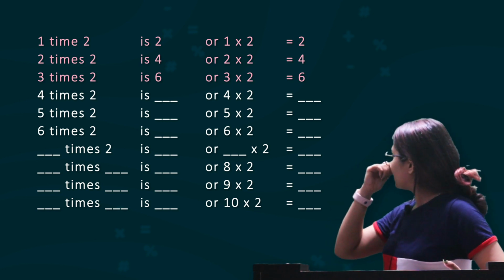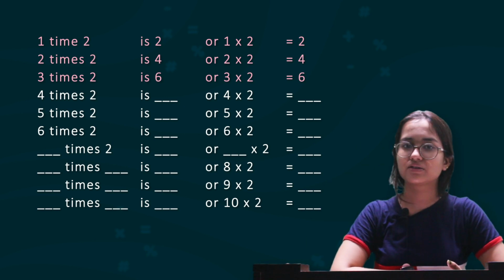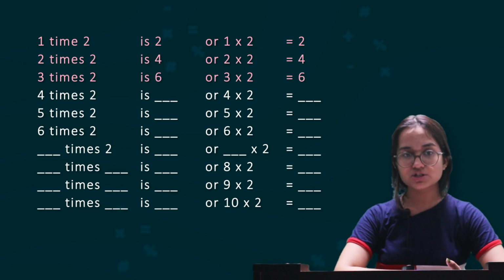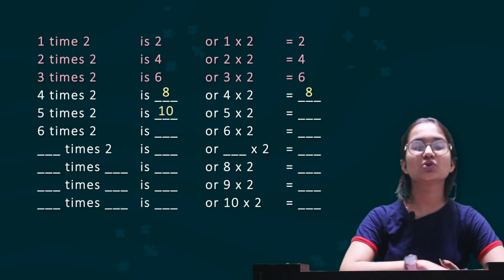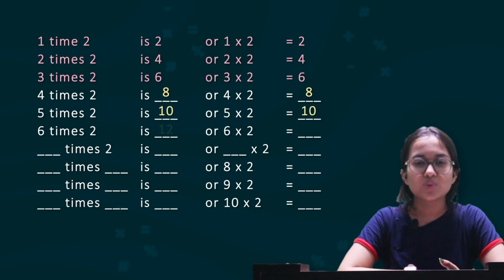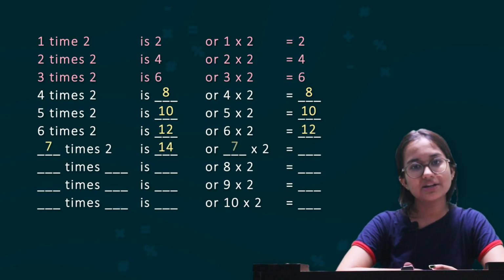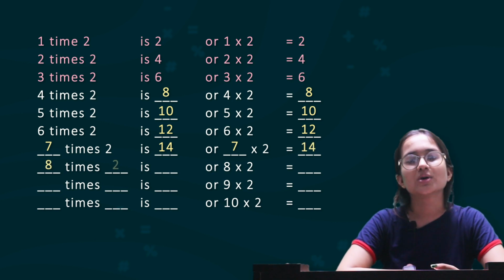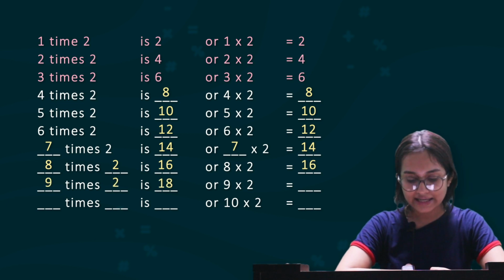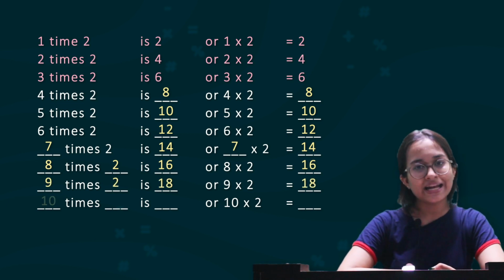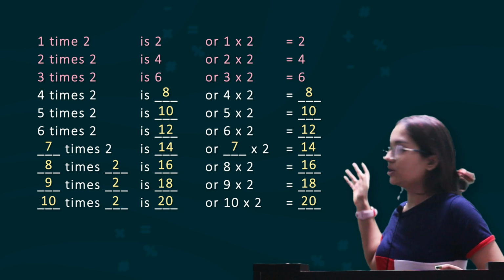For every number we need to see how much it is times 2. 3 times 2 is 6 and 3 into 2 is 6. 4 times 2 is 8 and 4 into 2 is 8. 5 times 2 is 10 and 5 into 2 is 10. 6 times 2 is 12 and 6 into 2 is 12. 7 times 2 is 14 and 7 into 2 is 14. 8 times 2 is 16 and 8 into 2 gives you 16. 9 times 2 is 18 and 9 into 2 gives you 18, while 10 times 2 is 20 and 10 into 2 will give you 20. So this is how you had to complete the table.